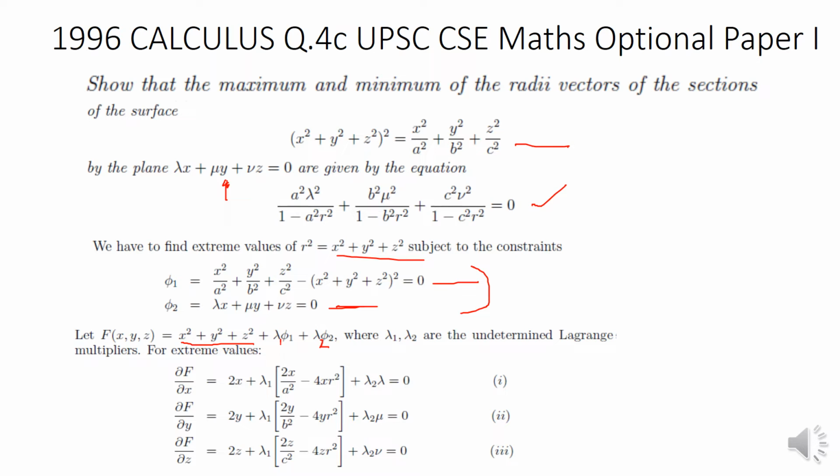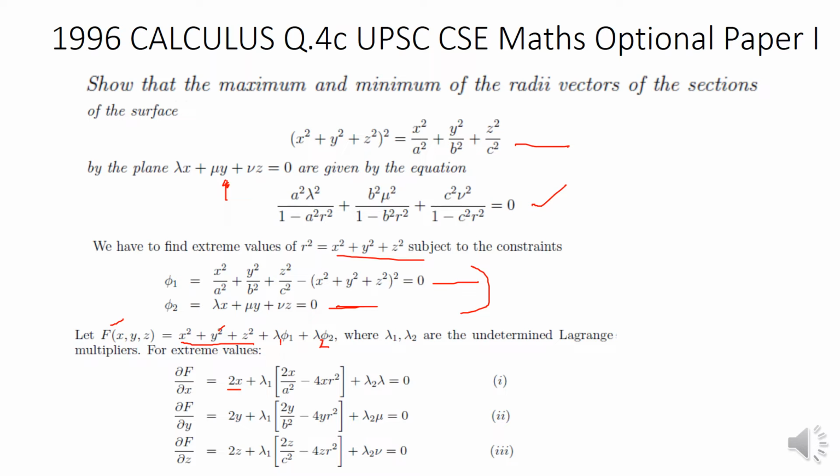If there is a third constraint, we will add plus lambda 3 phi 3 and so on. So we differentiate this f with respect to x, y, z partially and put that equal to 0, because for maxima and minima we have to write the first derivative as 0.